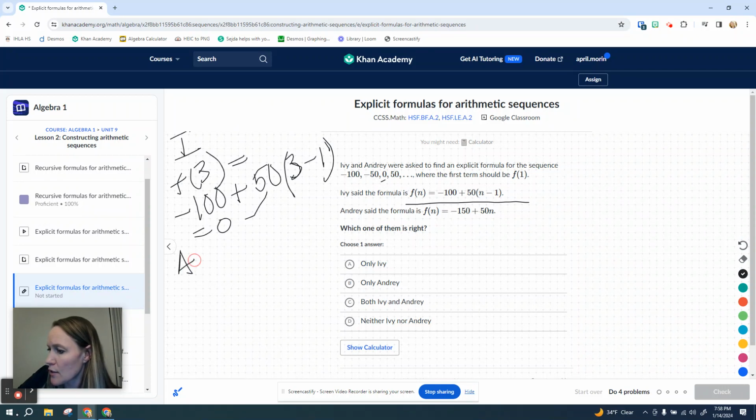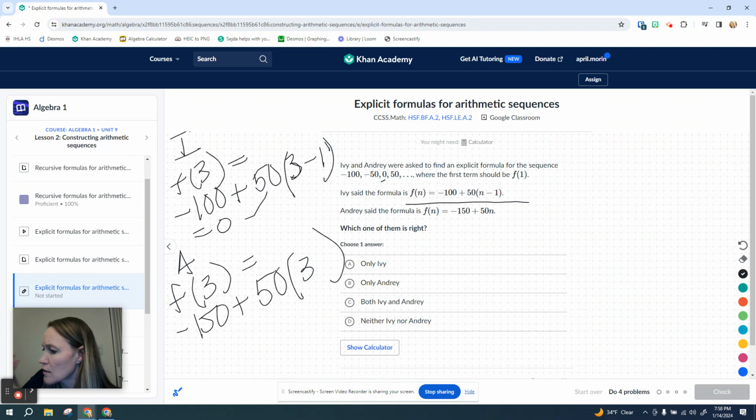What about Andrew? F of 3 equals negative 150 plus 50 times 3. 50 times 3 is 150. That equals 0. So they're both giving us the same thing. So let's check 4.